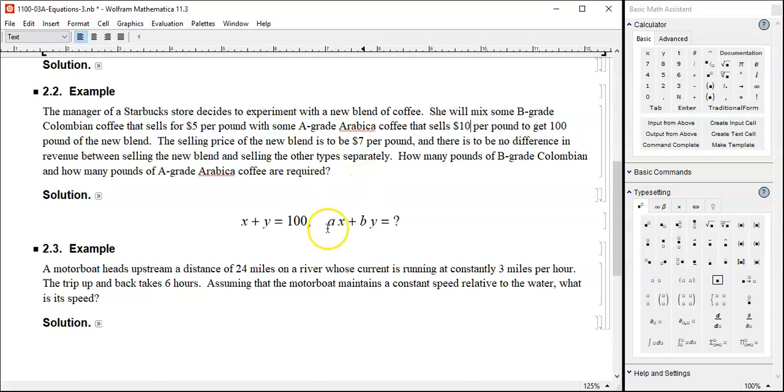With the problem, you will see this is 5x plus 10y. 10 is for Arabica, and 5 is for Colombian B grade. And then equals what? A dollar amount. Once you get that, then the setup is complete.